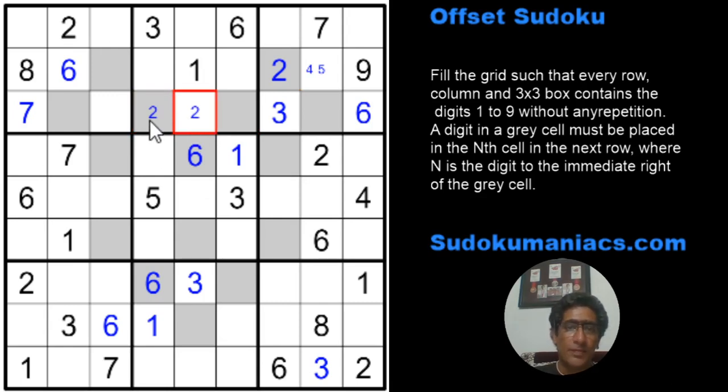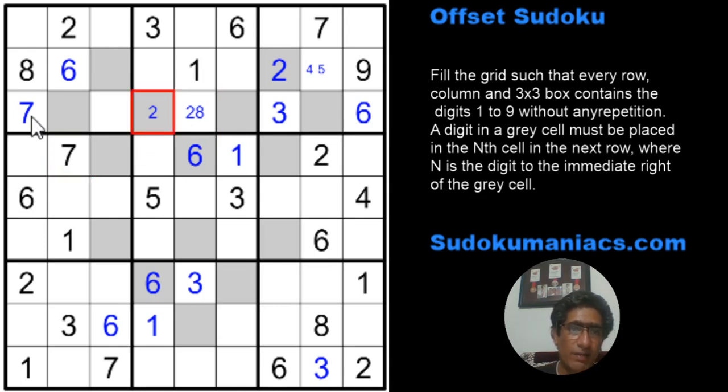Now, if this was a 2, the position of 2 in the next box is in the 8th cell. So I would require an 8 here, which is still possible. But if this was a 2, that is row 3 and column 5 was a 2, this digit here in the gray cell would be the digit which is already there in the second cell of the next row, which is a 7 here.